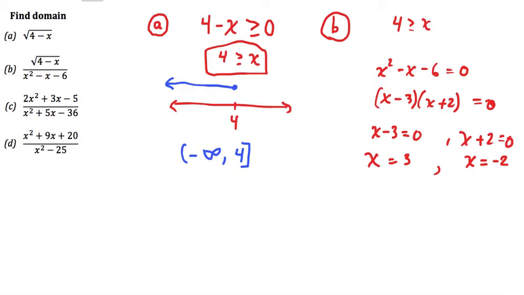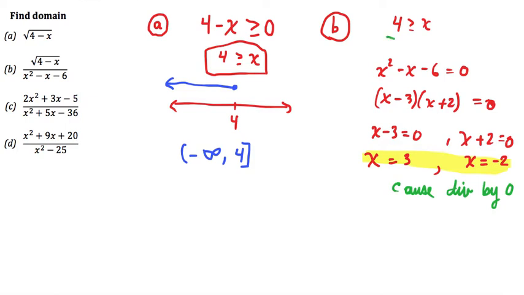These numbers here are going to cause division by 0. Right? So x equals 3 and x equals negative 2, those numbers will cause division by 0. So that means those numbers are not part of the domain.